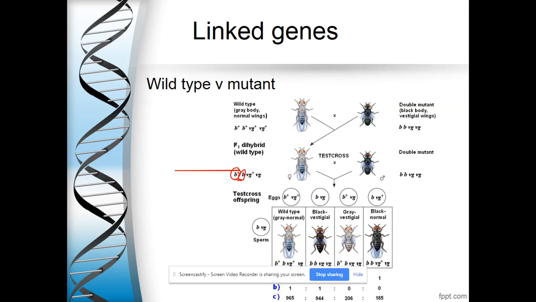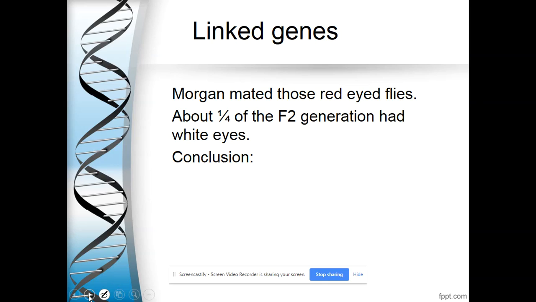So this organism is a heterozygote for this trait, gray body, and then this one is for normal wings instead of vestigial wings. And so you end up with these organisms, and again, like we talked about with our test crosses, we always use homozygous recessive, or in this instance, we're talking about a mutant. Good. So just seeing again those ideas, that notation that Morgan used.